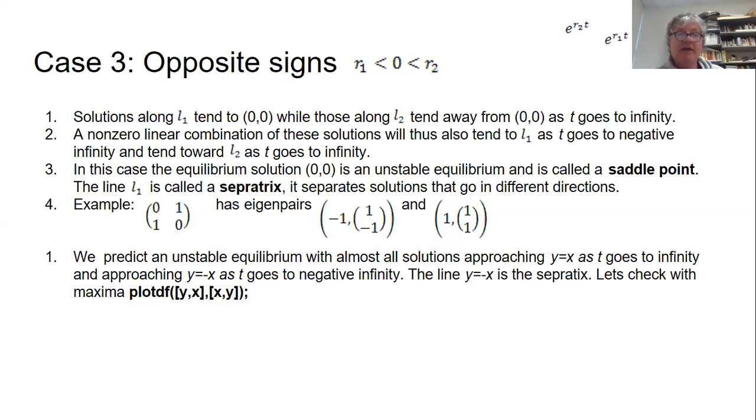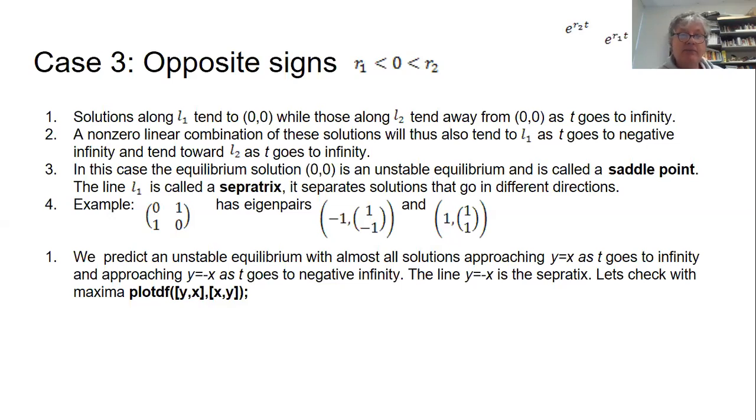Okay, so in this case, we still have an unstable equilibrium, and this is called a saddle point. And that line L1 is called the separatrix because it separates solutions that go in different directions. You can see that quite easily in the example we're going to look at.